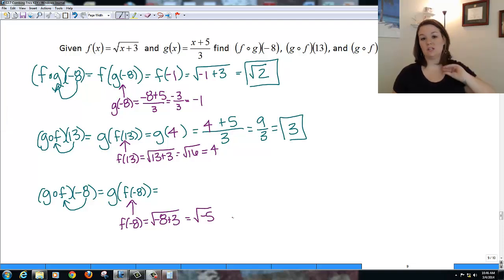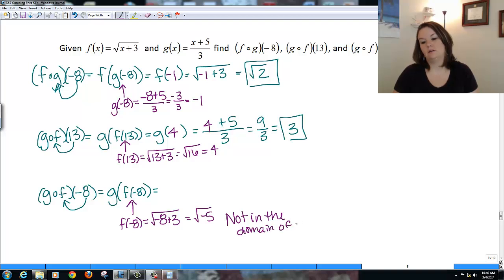We're only using real numbers. So here, I can't evaluate the square root of -5 without using complex or imaginary numbers. So this is not in the domain of f, so it's undefined.